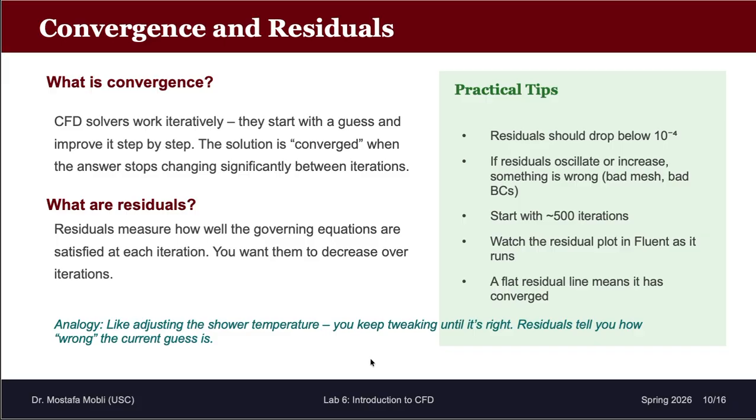As soon as that difference between the initial guess and final solution for an iteration becomes smaller than a set value, that means that we have reached a solution, or a solution is converged.